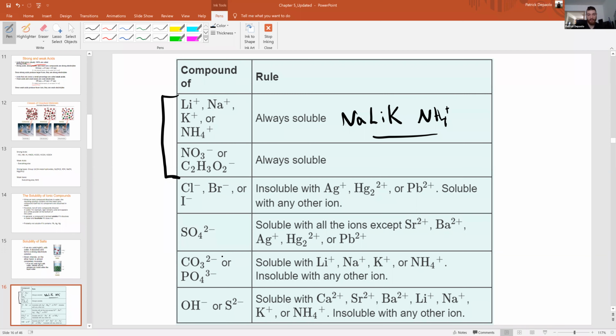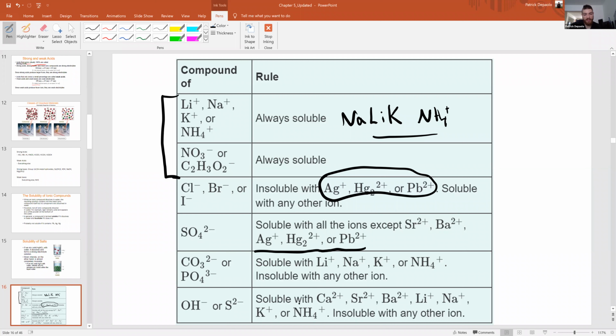Then these get a little bit complicated, but let's break it down. Chlorides, bromides, and iodides are soluble, but they're insoluble with, oh look, the three I mentioned. Sulfates are soluble with all ions except strontium and barium, but look, the three I mentioned.